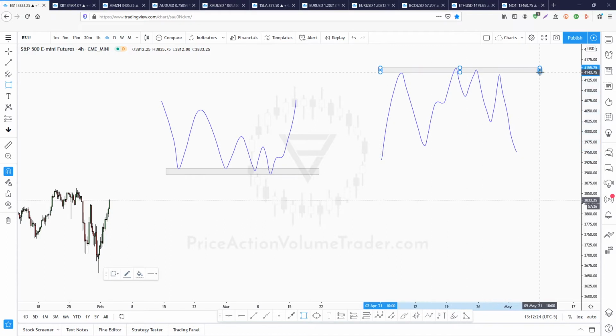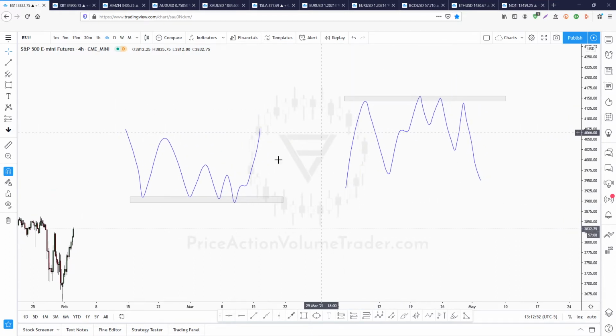When price comes into this area, the sellers are overwhelming the buyers. There's more supply than demand, and that means a rejection of price, and it will move lower. In support there's more demand, meaning more buying, and in resistance there's more supply, so more selling. So those are the basic principles of support and resistance levels.